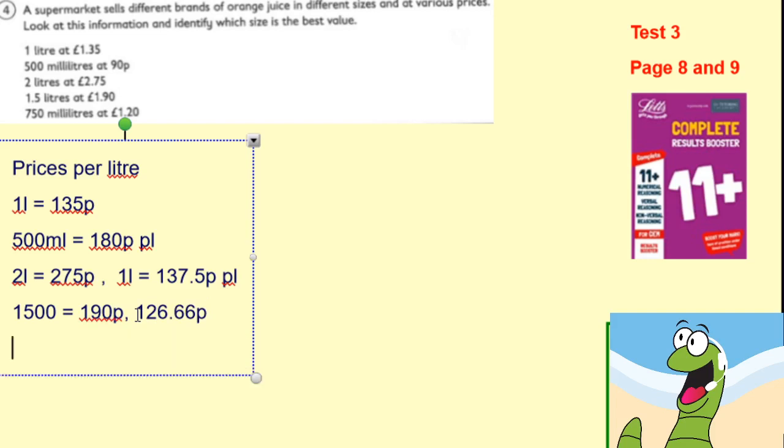And finally 750 millilitres at 120 pence. So we'd again divide that by 3, and that would mean we need to add another 40 onto that, because 3 fours are 12, to make it into 1 litre, and that would be 160 pence.